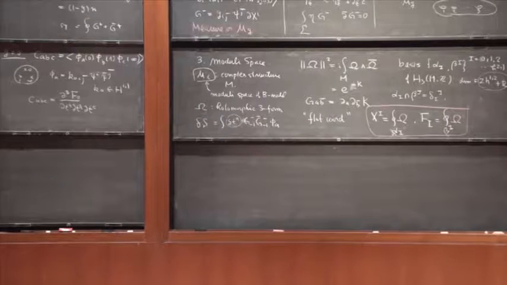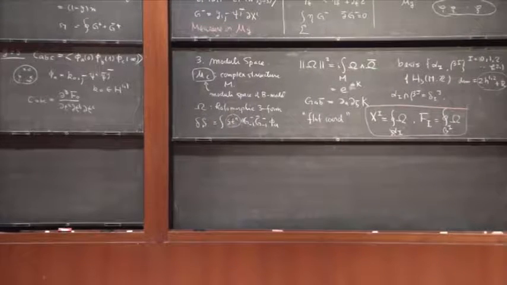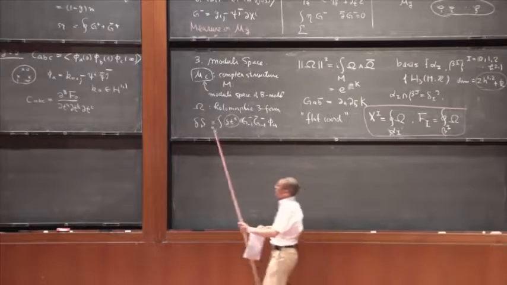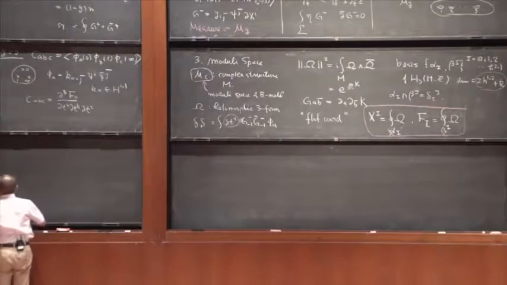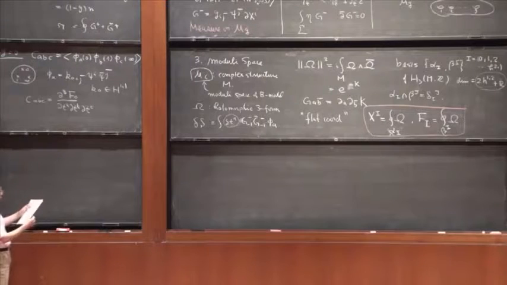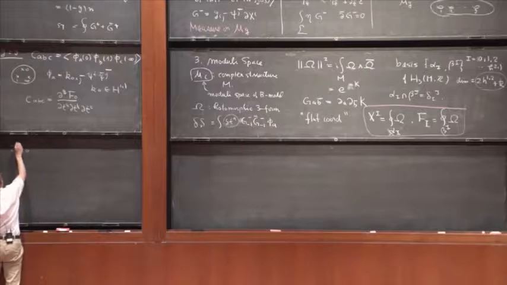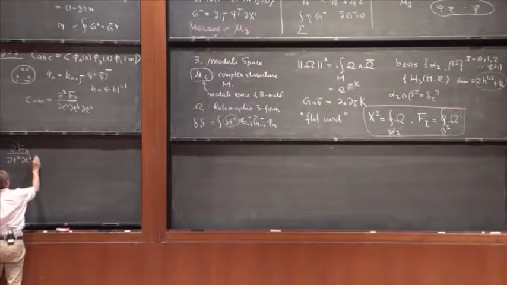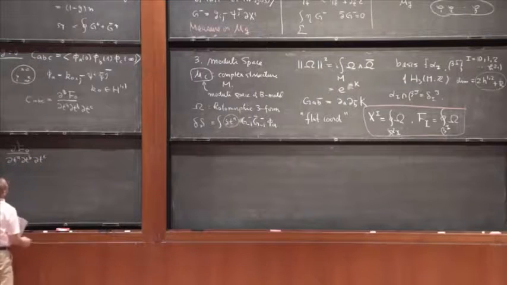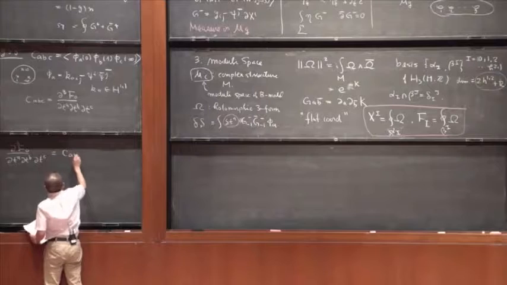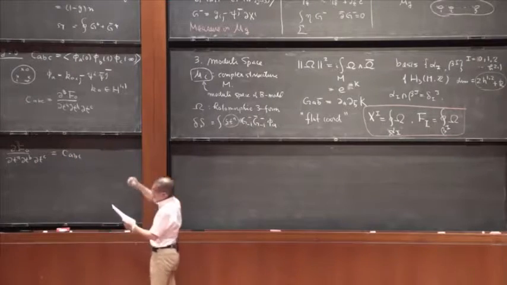So let me give you a couple of them. For example, I defined the prepotential over there. So I can take 3 derivatives of the prepotential. And that is actually, I just wrote it up here. So that turned out to be this 3-point coupling that I defined over there.